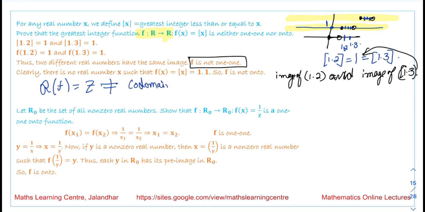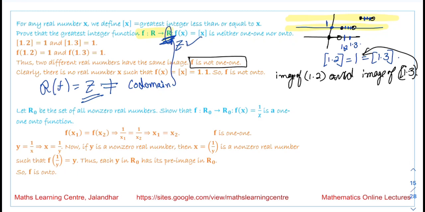The codomain is R. If the set Z were given in place of this R, then this function would become an onto function. But over here this function is not onto because the range set and the codomain are not equal. So we have proved that this is neither a 1-1 nor an onto function.